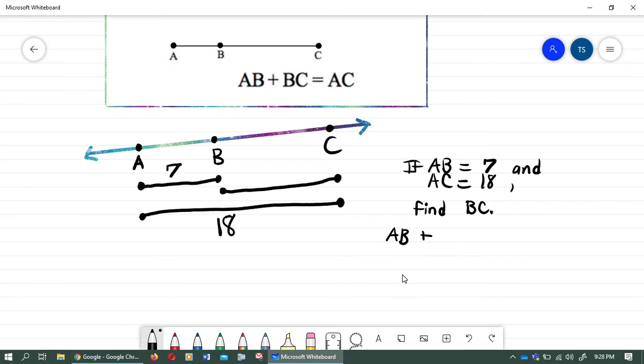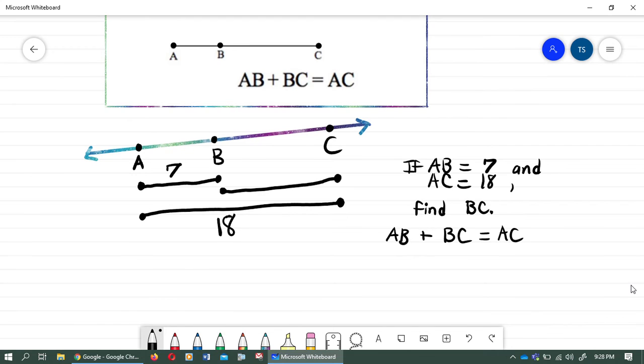So if you're going to be using the segment addition postulate, then again, folks, the length of AB plus the length of BC, those two smaller parts there, when you add them together, it has to be equal to the whole thing from A to C. It has to be equal to the length of AC.